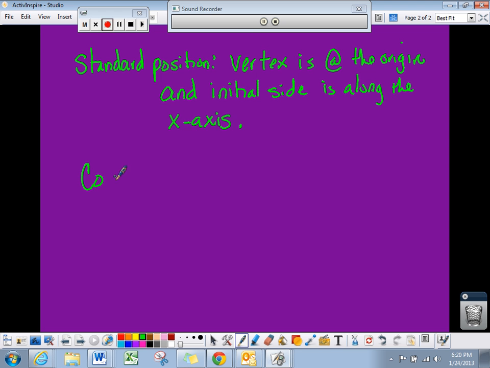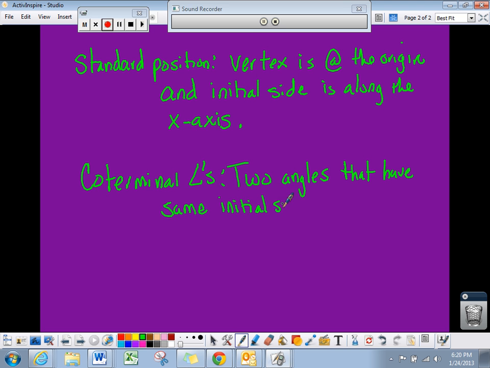Then we have what we call coterminal. Coterminal angles are basically angles, or we could say two angles that have the same initial side and the same terminal side.